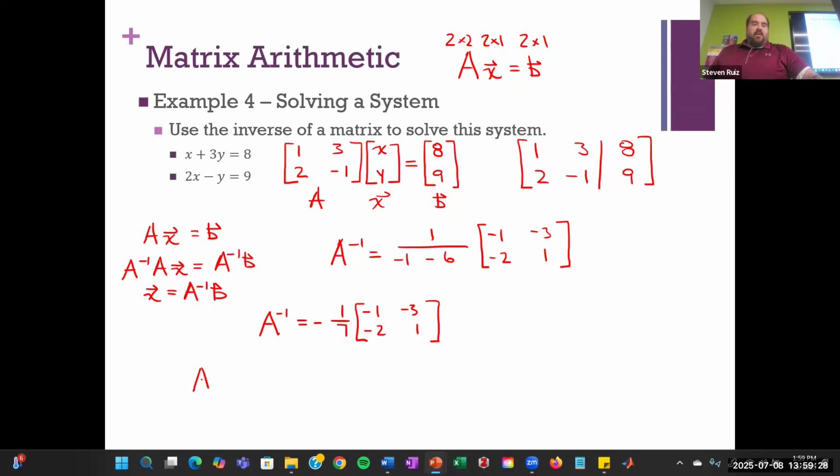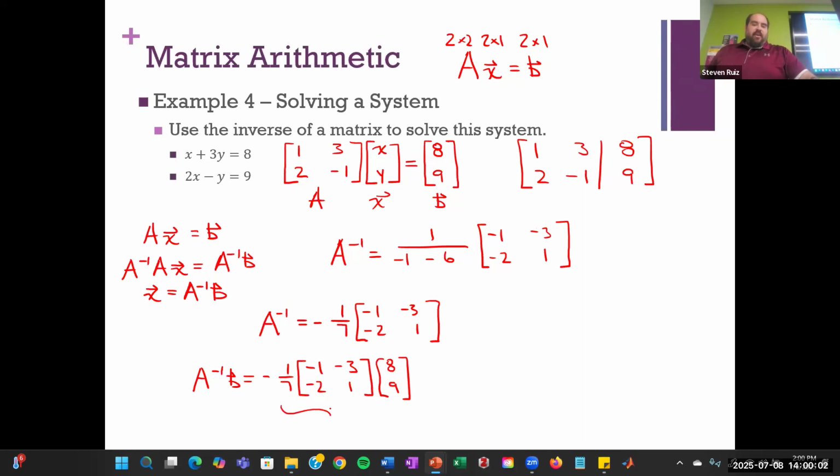So now when I do this product, A inverse B, would you rather multiply by a fraction once or more than once? Once. Or at worst, twice. Basically, if you can keep this as a scalar multiple that you can handle at the very end, you don't have to, but it's definitely something you can do to maybe streamline things.